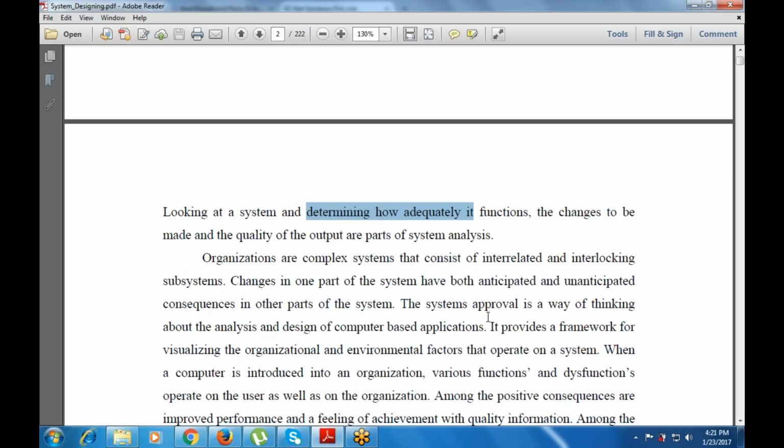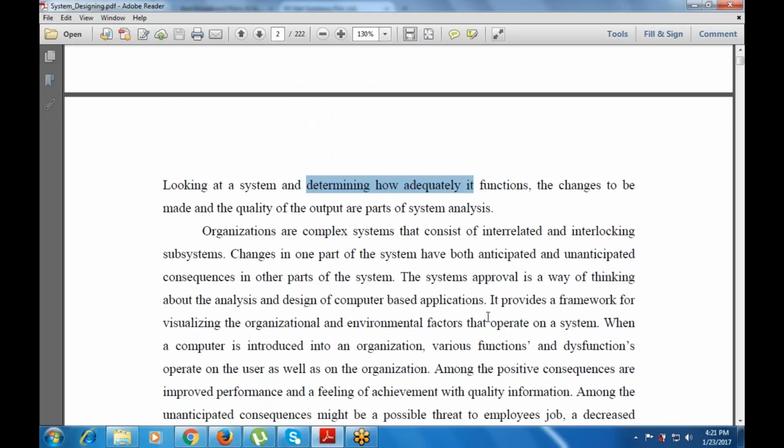And the system approach is a way of thinking about the analysis and design of the computer-based application that provides a framework, a tool for visualizing the organizational and environmental factors that operate on a system. And whenever a computer is introduced in an organization, then various functions, various dysfunctions operate on a user as well as the organization.